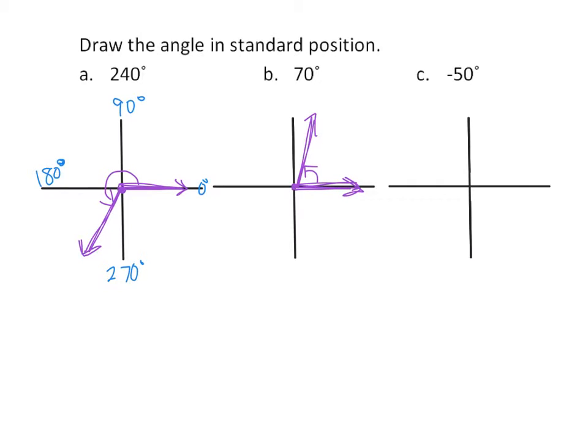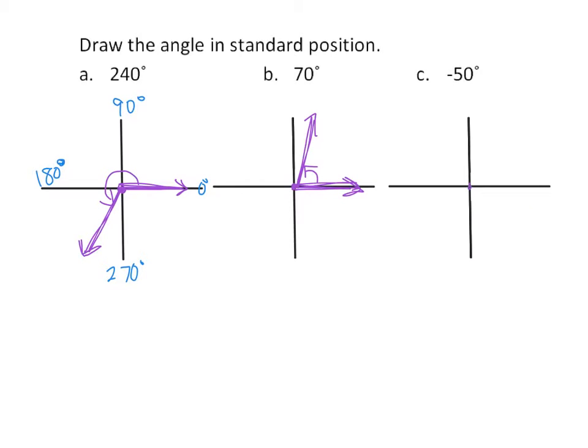Well, negative 50 means that instead of going counterclockwise, we would have to go clockwise. Notice that in this one, we're going counterclockwise to get to our terminal side. So if it's negative, we're going to go clockwise.